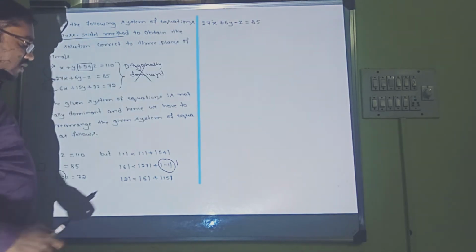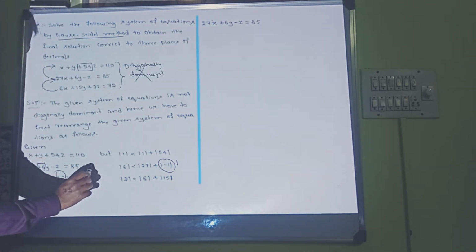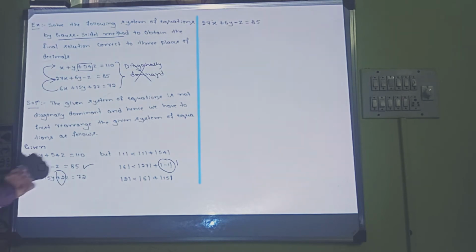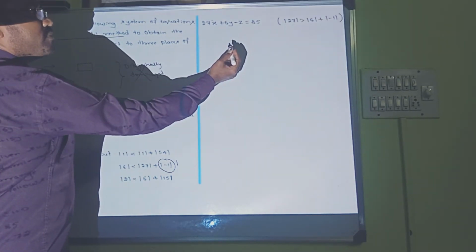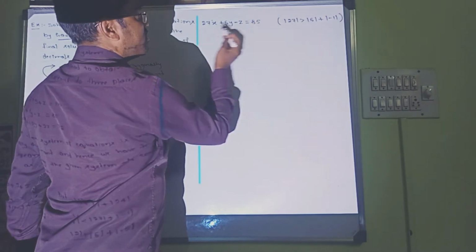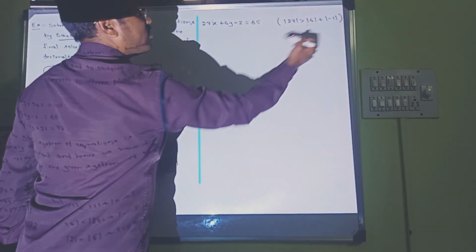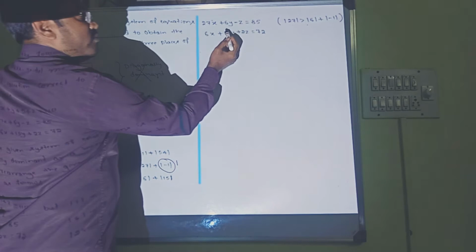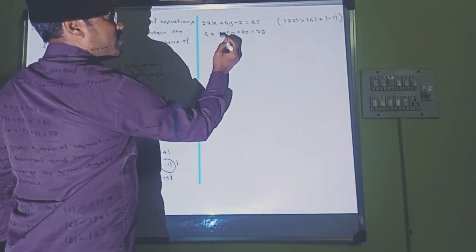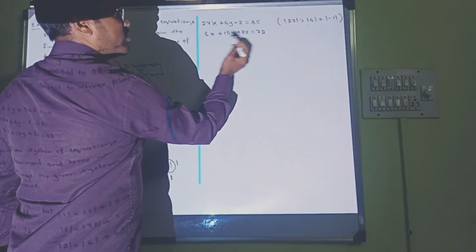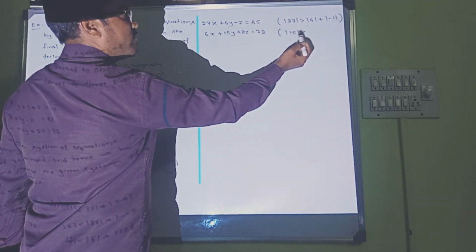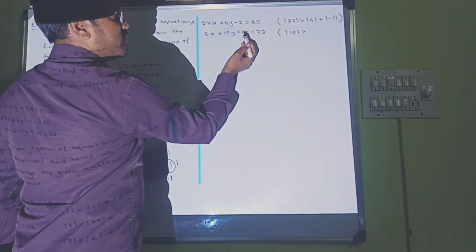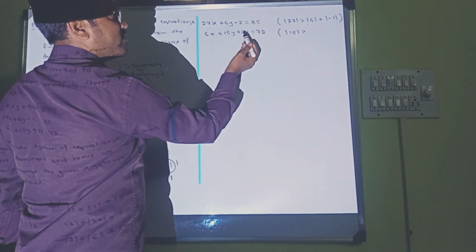First equation we will take this, because the first element is dominating. Then we take this as the second equation, because the second element is dominating here. Here we are giving the reason: 27 dominates the other two. We are taking this equation in the second place because 15 is dominating the other two, because the absolute value of 15 is more than the sum of the absolute values of 6 and 2.